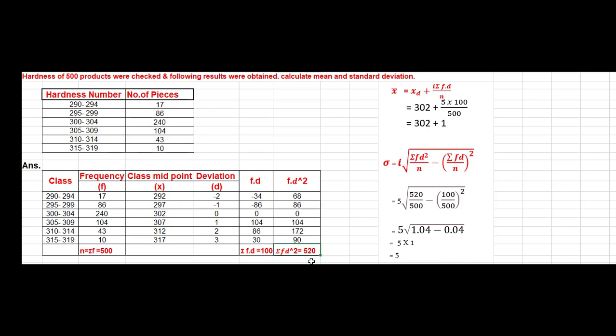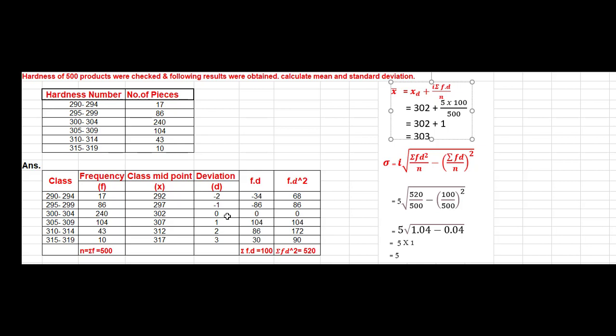After achieving all these values of n, fd, and fd square, we can find x bar. The equation is x bar equals xd plus I into sigma fd upon small n.